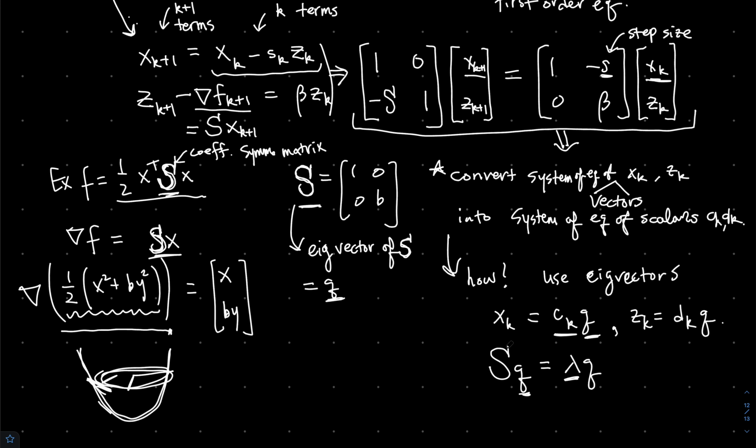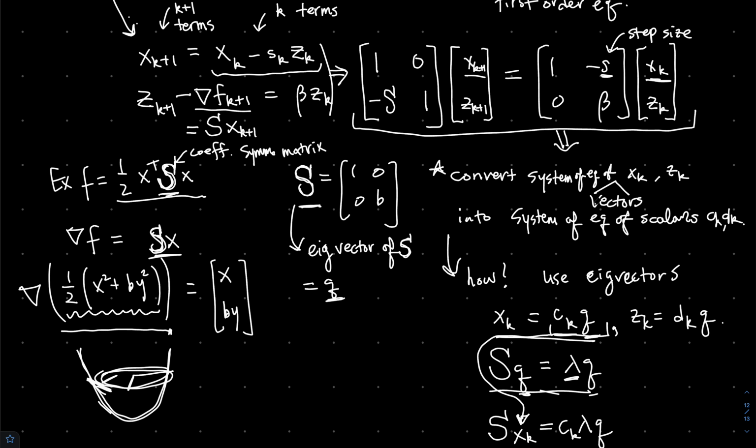Then, if we combine this equation with this equation, we can write Sxk by plugging in here. This is a scalar, so we get ck Sq, which is ck lambda q, right?